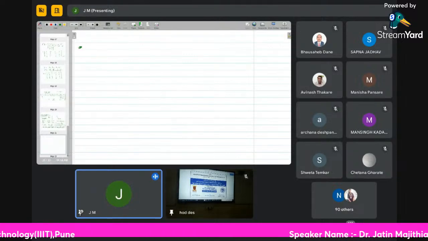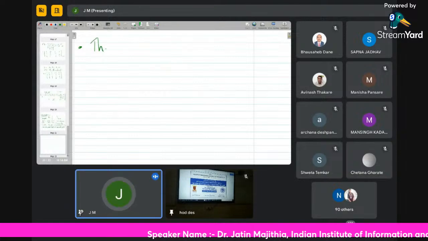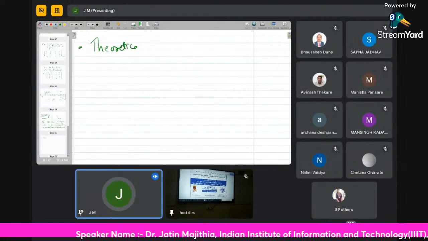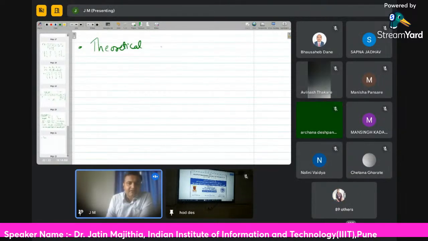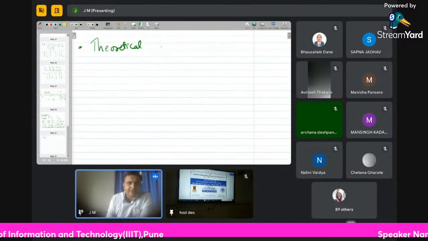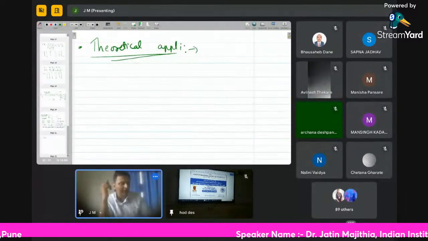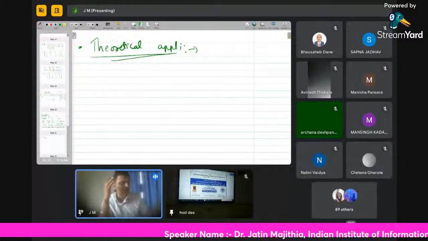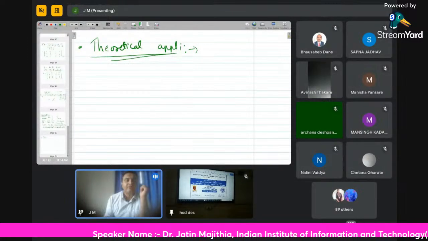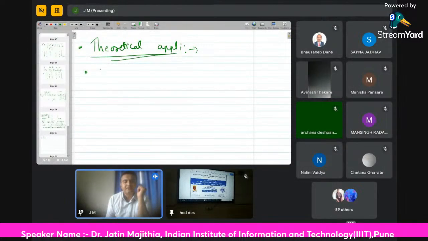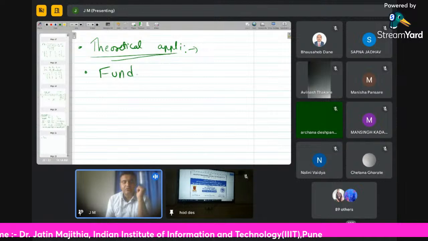Now there's one more before going to the real world application. Let me tell you one theoretical application. One I already told you, that it sends orthogonal basis to orthogonal basis. Now it also helps us to find the basis for the 4 fundamental subspaces. Would anybody like to comment?